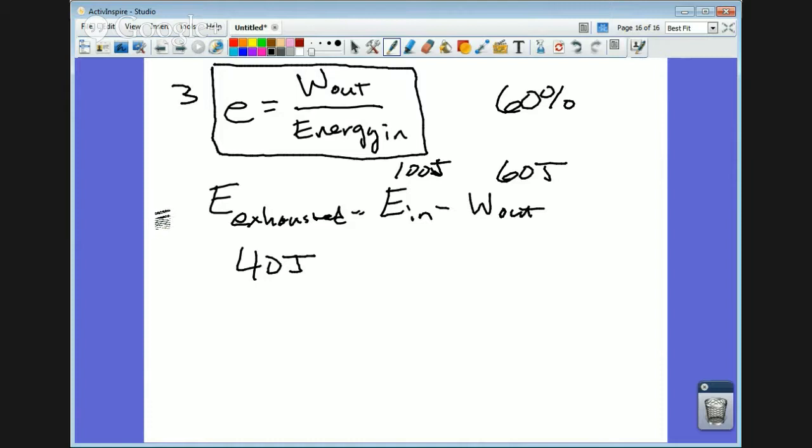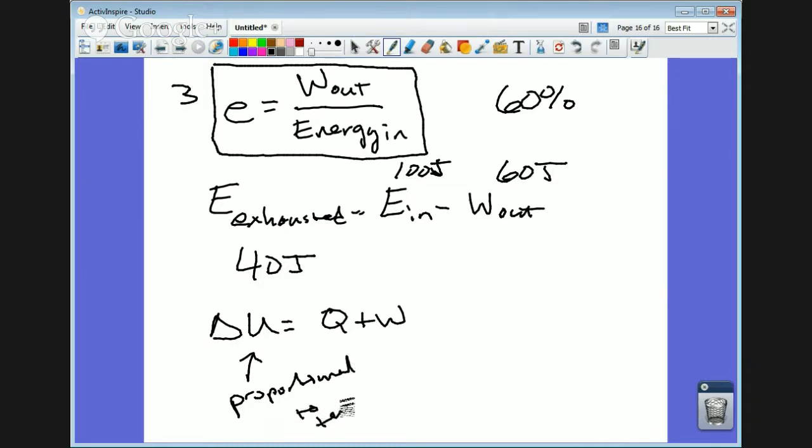Okay. So the fourth one is this equation, right? This says that the change in internal energy, which is proportional to temperature, is equal to the heat plus the work.